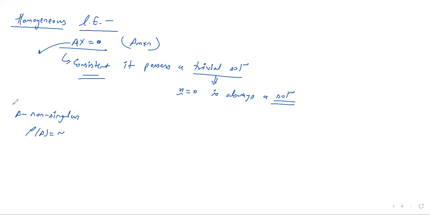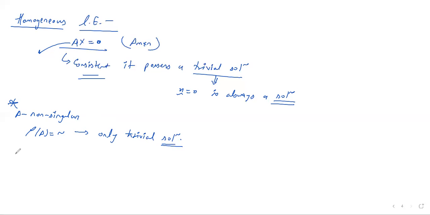And in this case, when A is non-singular and its rank is n, it has only the trivial solution. This system has only the trivial solution.